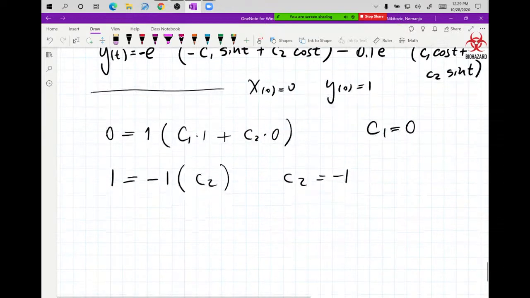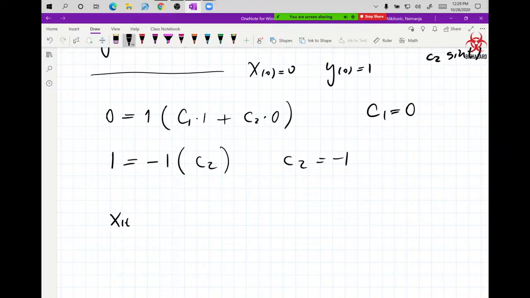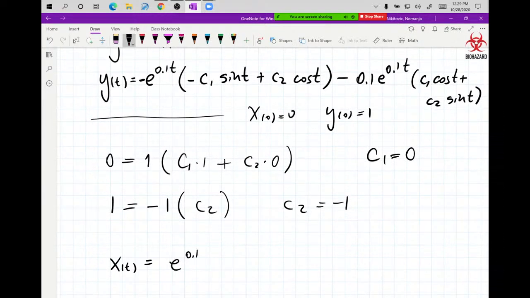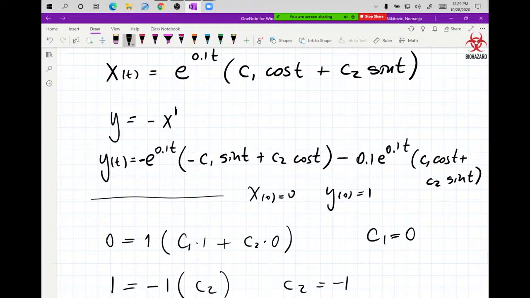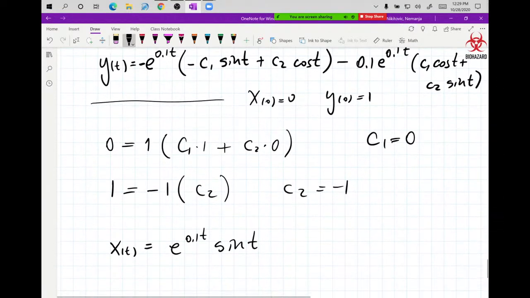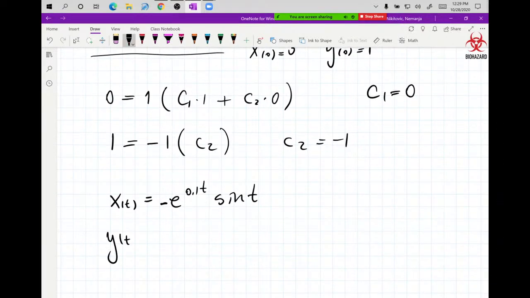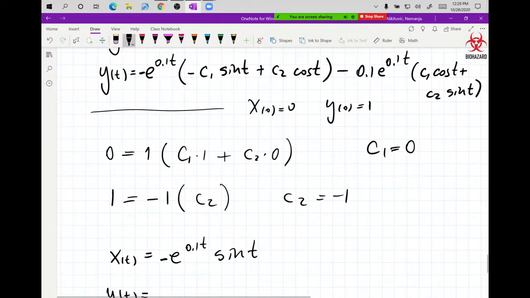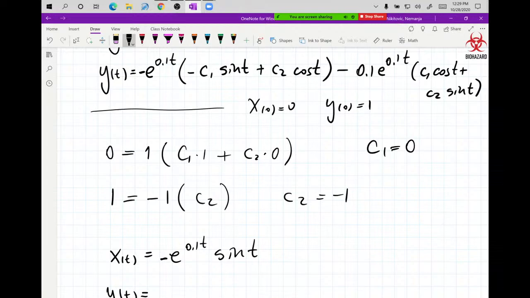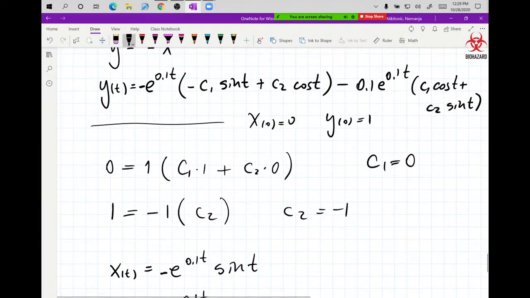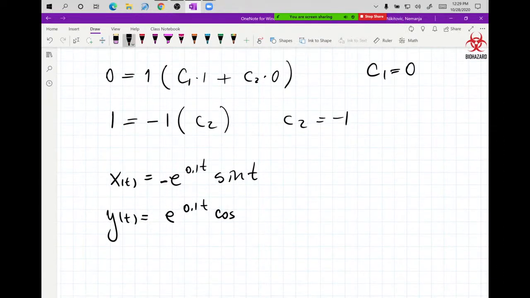And now that I have this, I can write my solutions. x of t is equal to, remembering that C1 is 0, we just have e to the 0.1t times sine t. And C2 is negative, so there is a minus in front. And then y of t is going to be, C2 is negative, so positive, e to the 0.1t cosine t.